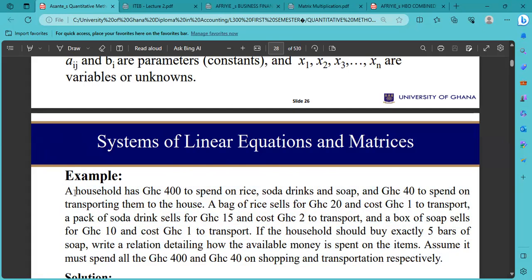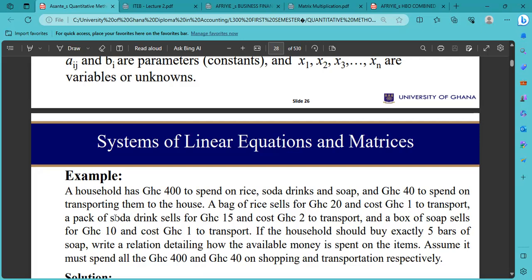So they said a household has 400 to spend on rice, soda drink, and soap. And then the household also has 40 cedi to spend on transportation, transporting them to the house. A bag of rice sells for 20 and costs 1 cedi to transport.